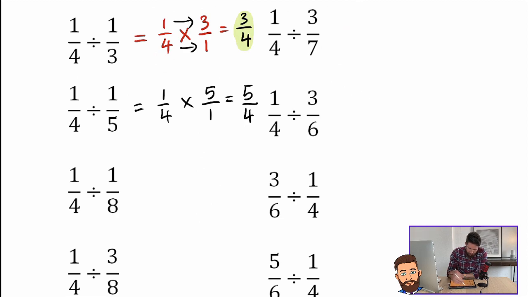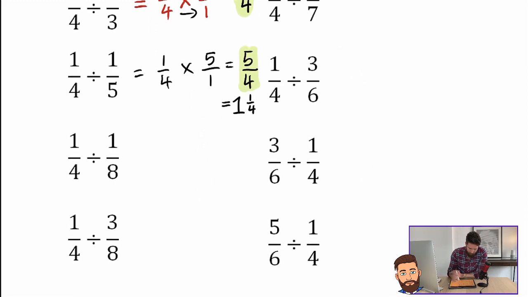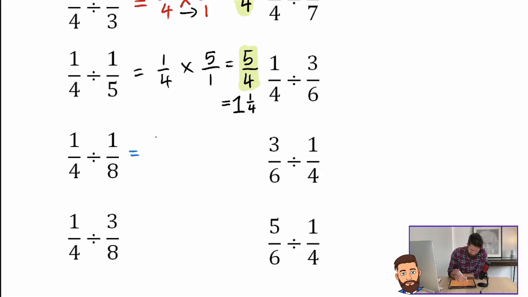And if you get a top-heavy answer like this one, I would like you to change it into a mixed number. So 5/4 is top-heavy, so this would be 1 whole 1 with 1/4 left over. So keep, change, flip.